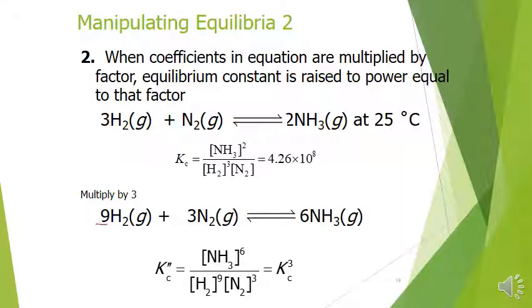All right, this just looks at the previous reaction. Now what we're going to do is multiply the coefficients by 3. So we're going to have 3 times as much product and reactant, and therefore our equilibrium constant is going to go up by the power of 3, cubed. Notice it's not linear.